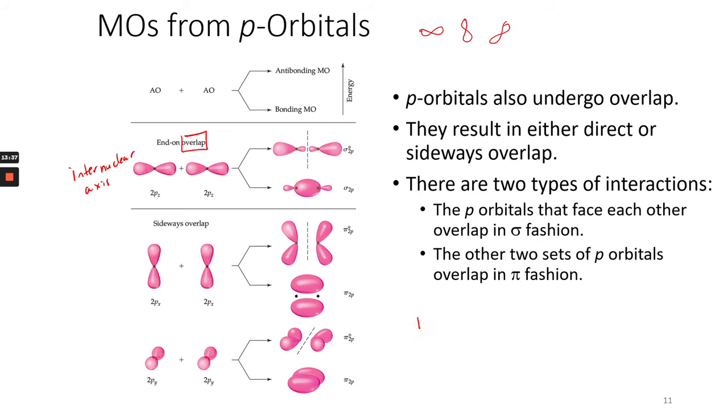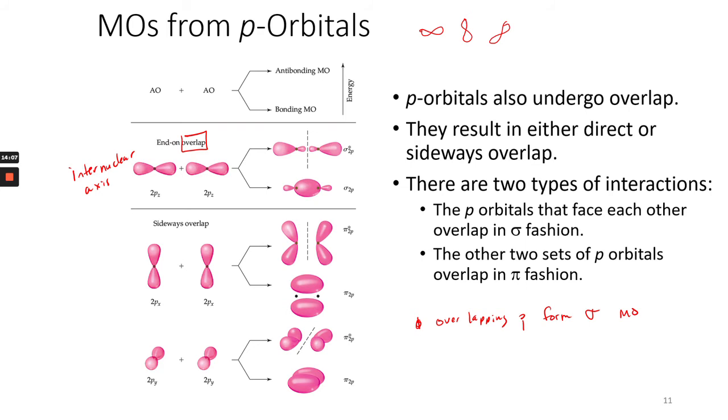So overlapping p's form sigma molecular orbitals. The other ones don't overlap. They're either above the internuclear axis or kind of sideways to it.